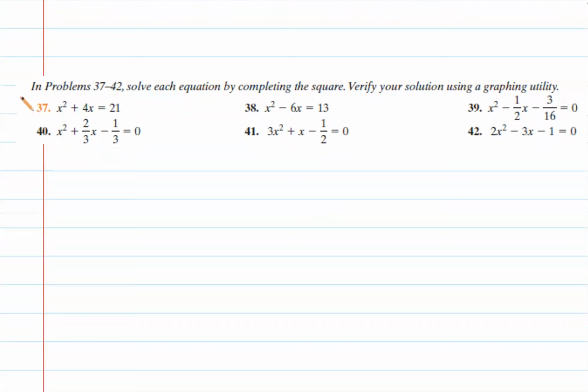In this group of questions, the instructions say to solve by completing the square. We're not going to use that technique in this video because this isn't a process that we're going to cover in class this year. But this completing the square method is an algebraic technique that allows us to find the vertex.